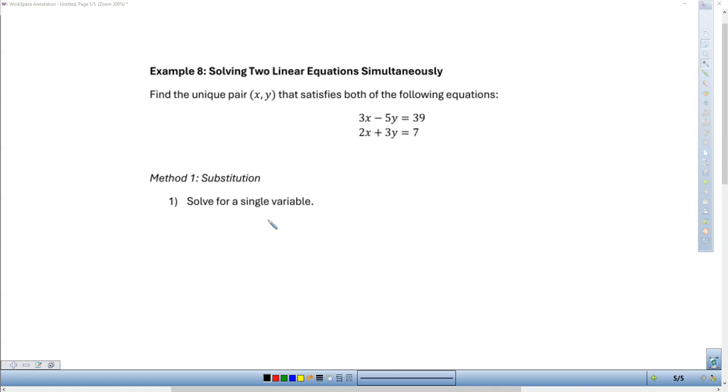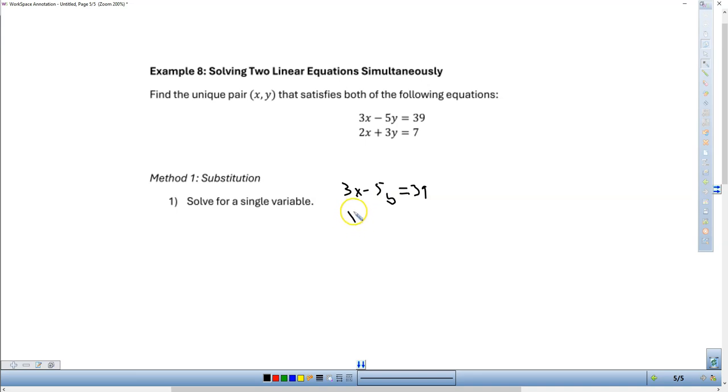First is substitution. We want to start off by, number one, solving for a single variable. The way I can do this is I can pick one of the equations. Let's go ahead and pick this first equation here, 3x minus 5y equals 39. Pick a variable to solve for. Let's say we want to solve for what x is.